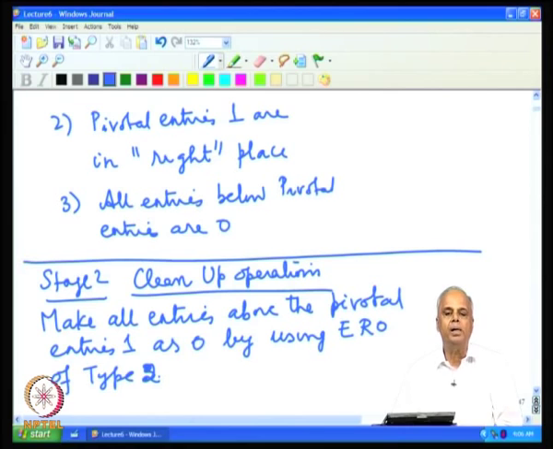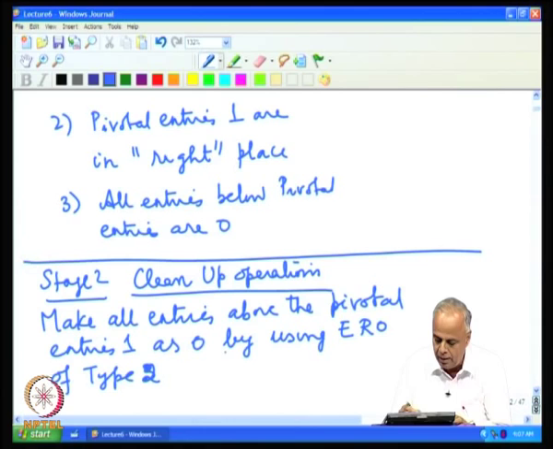So, in the first stage we got our pivotal ones, put them as the first entry in the non-zero rows, put all zero rows at the bottom, moved the pivotal ones to the right as we move down, and made all the entries below the pivotal entries 0. In the second stage, we made all the entries above the pivotal entries also 0. That cleans up and brings the matrix into row reduced form.